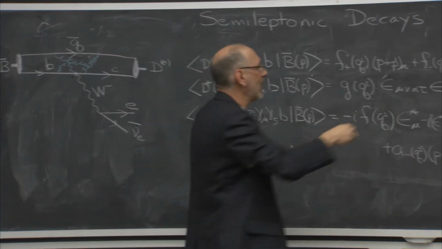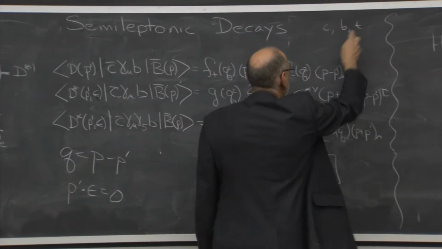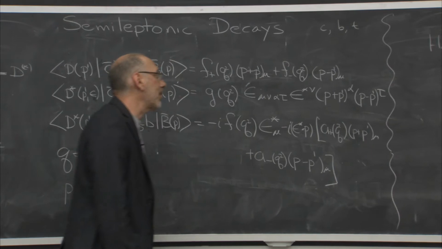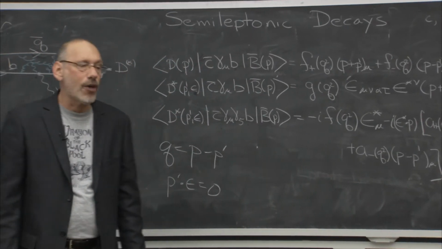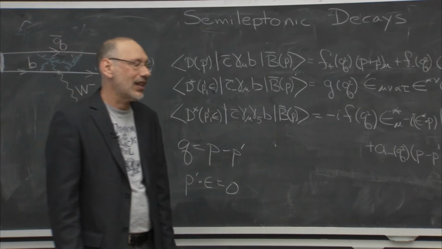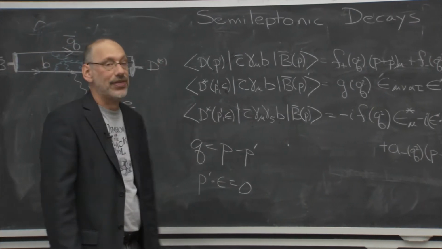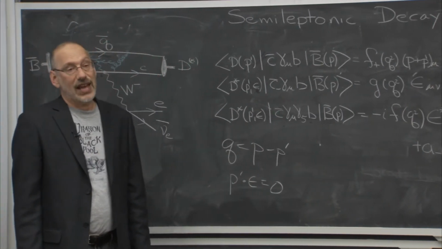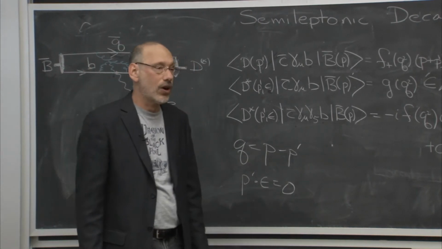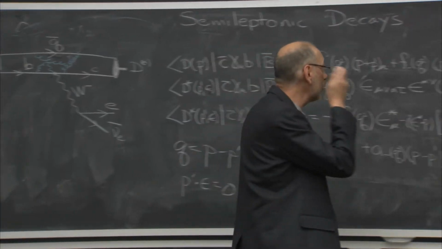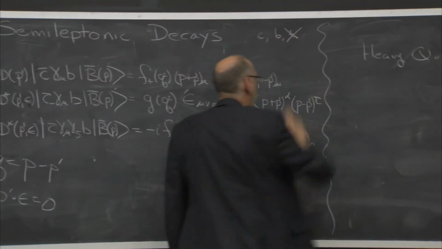And so it gets better and better as you go charm, bottom, top. Unfortunately, the top decays weakly. It doesn't even basically form a strong bound state. Its lifetime is so short. And so the methods that are related to heavy quark symmetry aren't very useful for the top. It's kind of ironic since it's the heaviest quark of all. So they're really used for the charm and the bottom quarks.